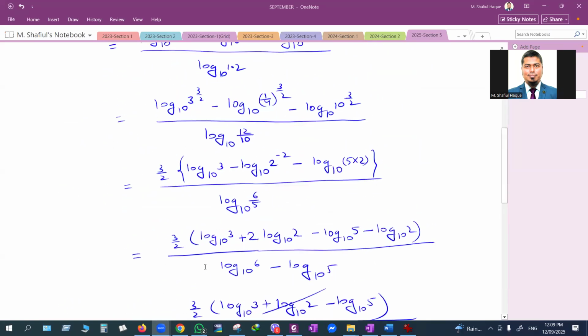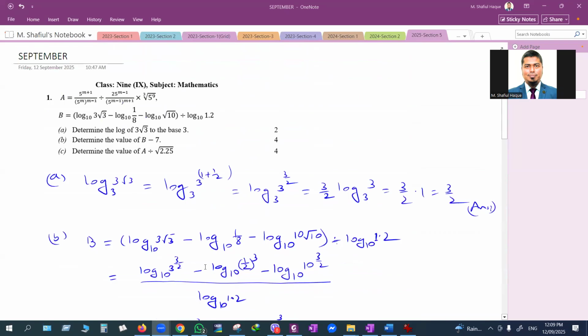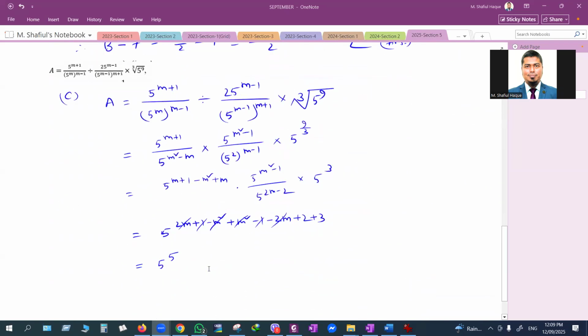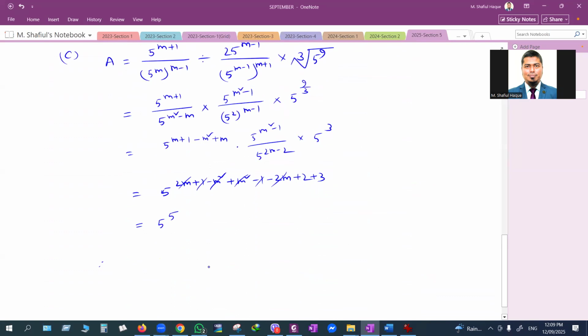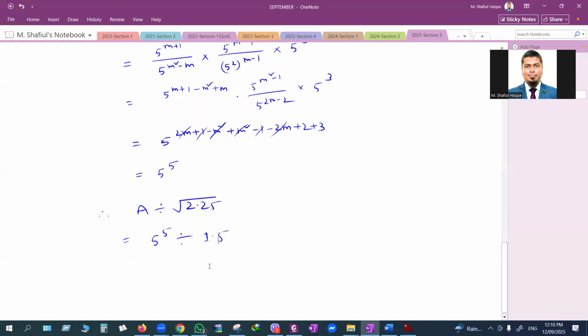And 5 to the power 5, and now a divided by root over 2.25. So therefore, a divided by root over 2.25, that is 5 to the power 5 divided by 1.5. So what is the value of 5 to the power 5? 5 to the power 5 is 3125.